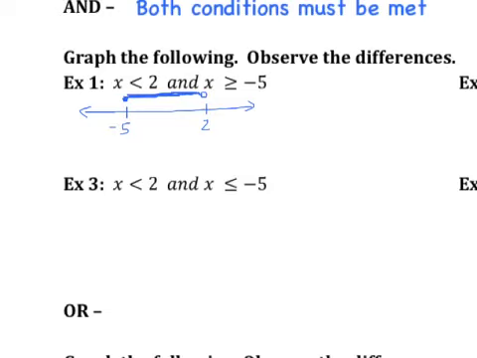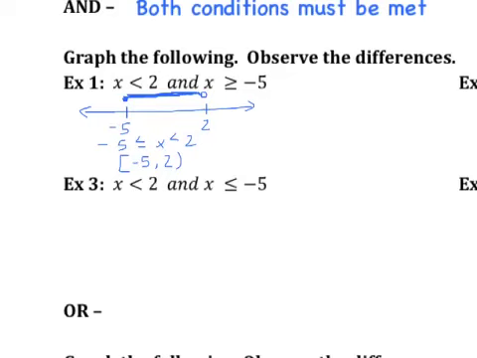And we can rewrite this as negative 5 less than or equal to x less than 2. And in interval notation, it would be bracket negative 5 to parentheses 2, as we learned earlier.